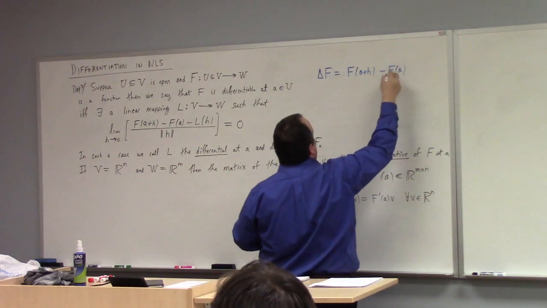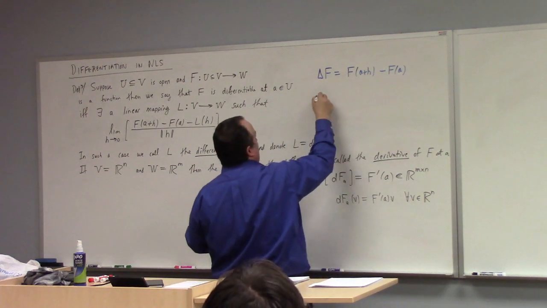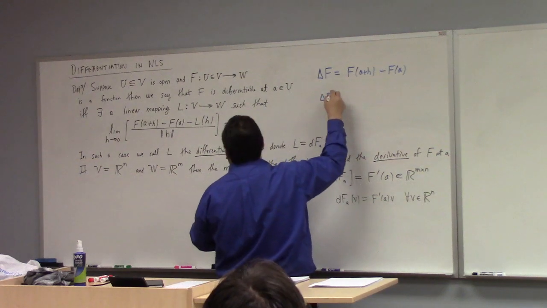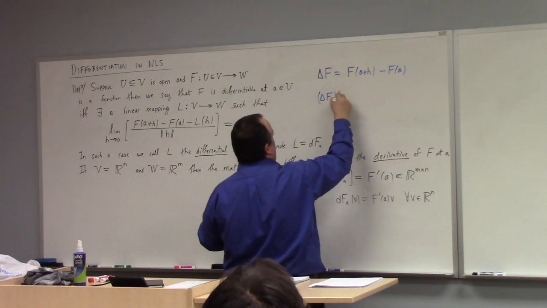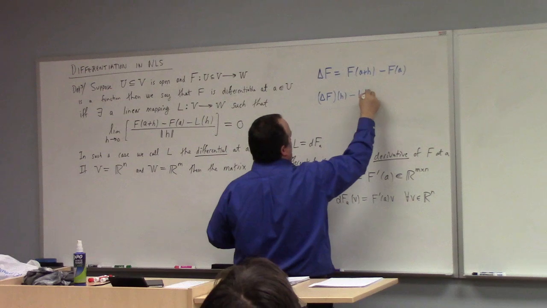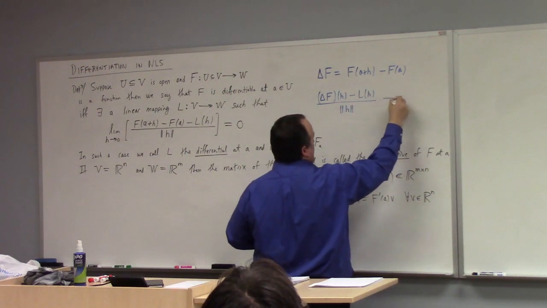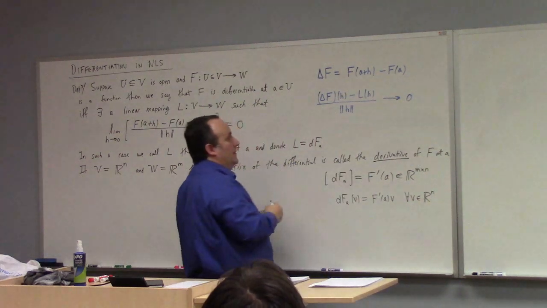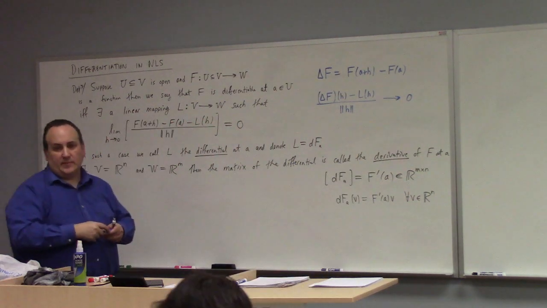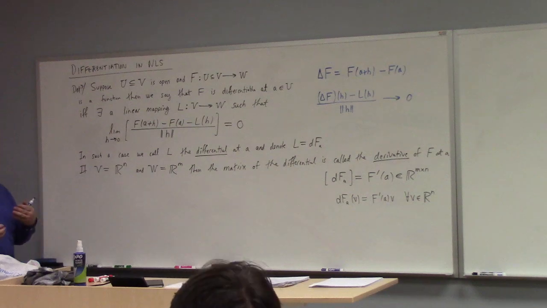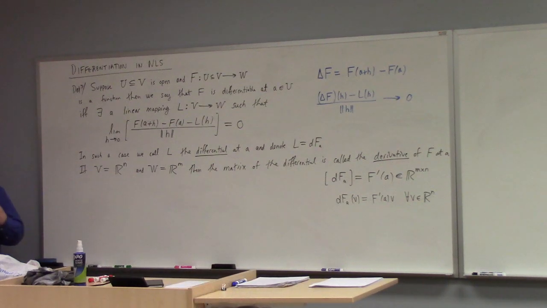So another way to look at this definition is it's saying that the change in f at h minus L of h, divided by the norm of h, goes to 0. In other words, you can approximate the change in the function at the limit point by a linear function. If it's possible to do that, then the function is differentiable at the point.